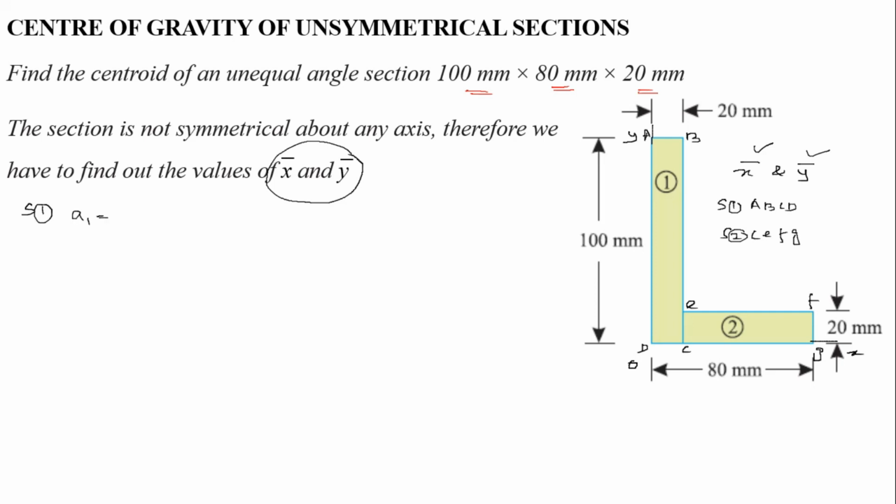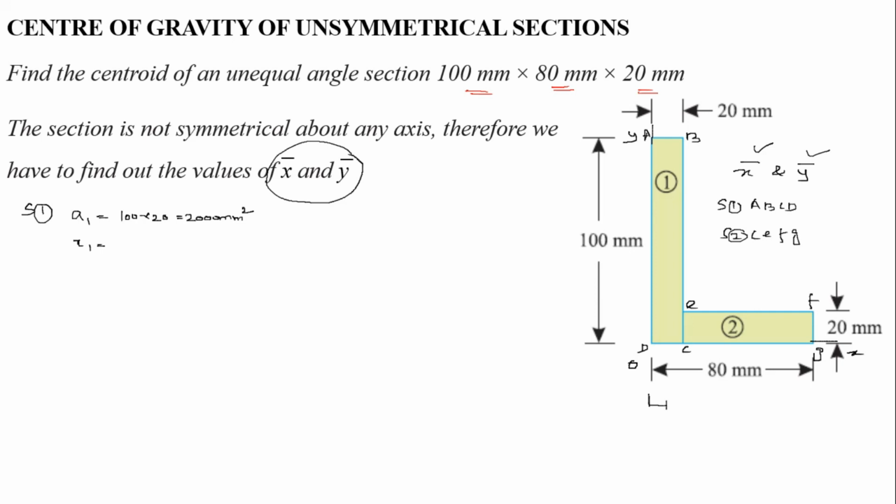A1 is equal to L into B, where L is equal to 100 and B is equal to 20. So 100 into 20, which is equal to 2000 mm squared. Similarly, x1 is equal to 20 divided by 2 from OY.